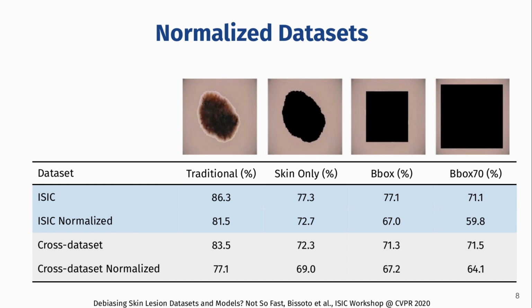So when doing this, we can see that the most affected sets were bounding box and bounding box 70, where the AUC dropped by around 10 percentile points, in contrast to traditional and skin-only sets, which were affected by around 5 percentile points. Our explanation is that for those highly disturbed sets, bounding box and bounding box 70, the networks need to rely a lot more on these correlations, and because of that, when we take them off, the performances suffer much more.